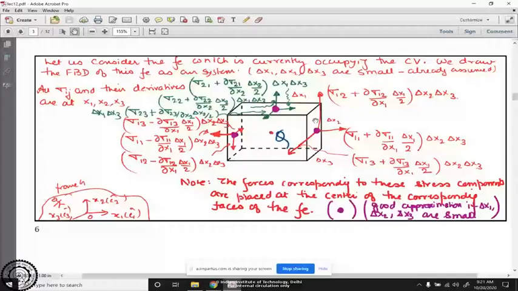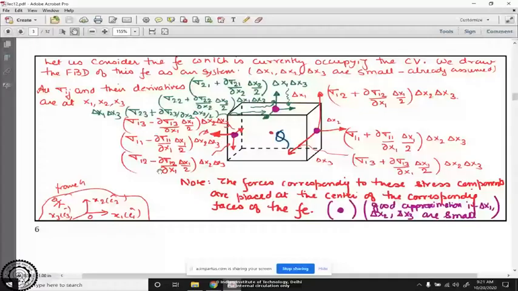So sigma 1 1 minus del sigma 1 1 del x1 delta x1 by 2, times delta x2 delta x3, is indeed the force component acting along E1 on this fluid element through the left surface, but the direction is pointing away from the surface. Or I should say it is along minus E1 direction.